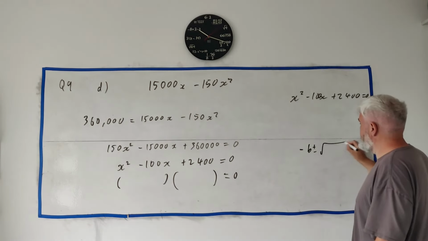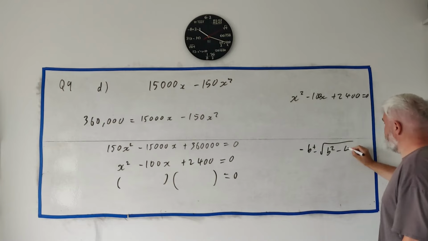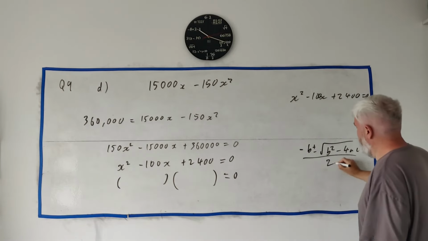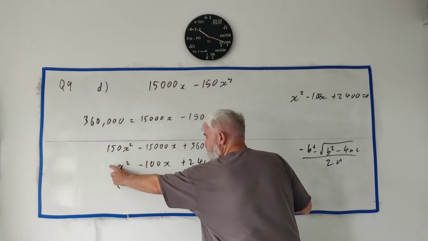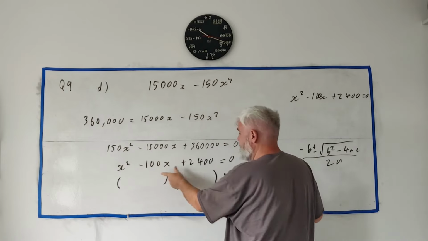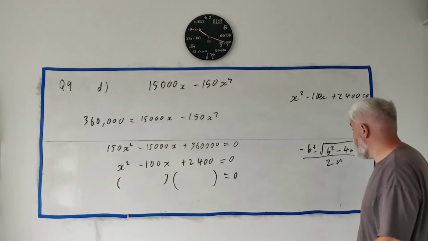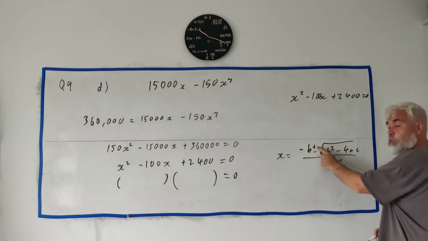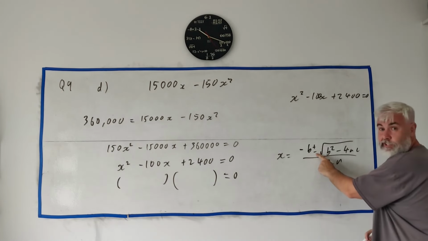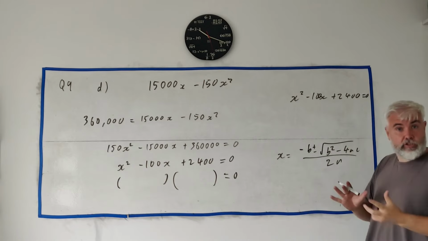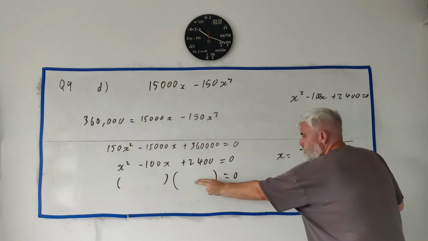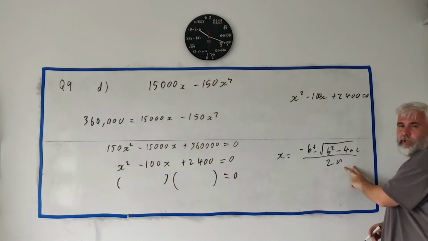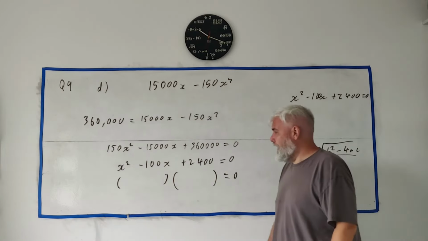Minus b plus or minus the square root of b squared minus 4ac, over 2a. A is 1, b is minus 100, c is 2400. Put it in and you will get 2 answers. One answer when you use a plus and another answer when you use a minus, and that's it, you're done. So if you're not able to do this, just go ahead and use this way. I'll do it this way though.